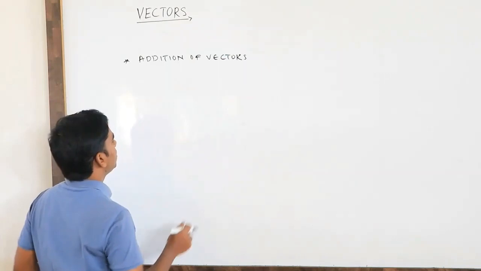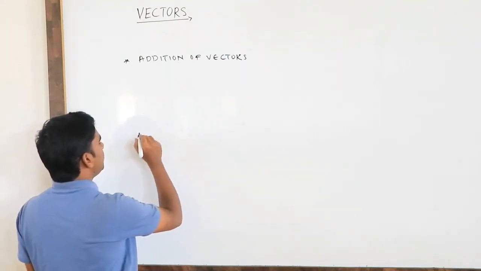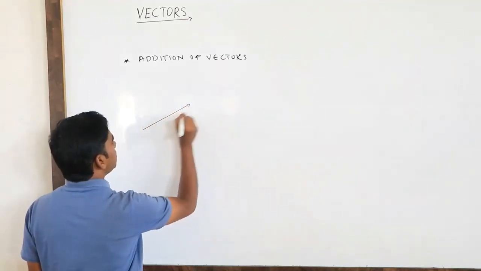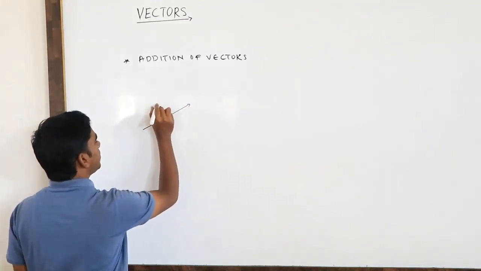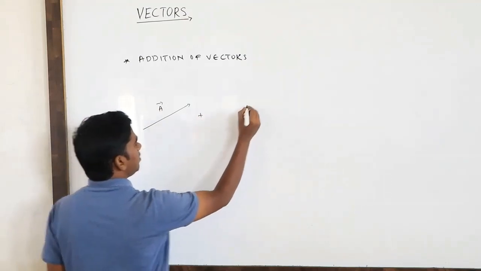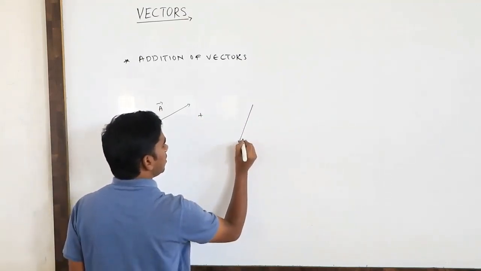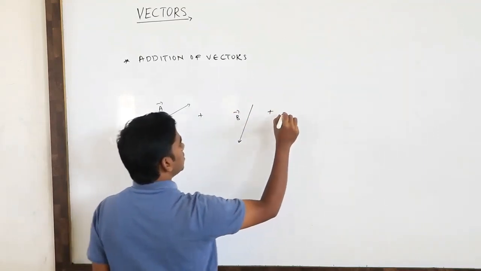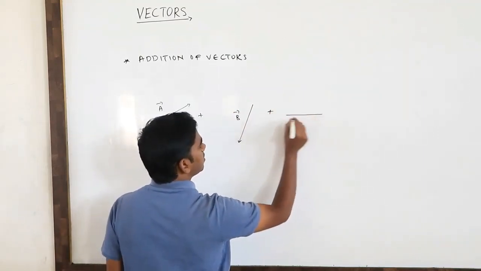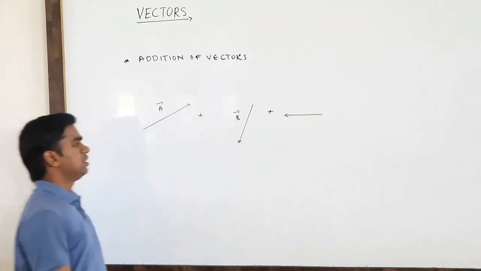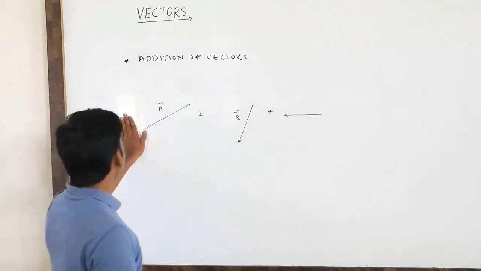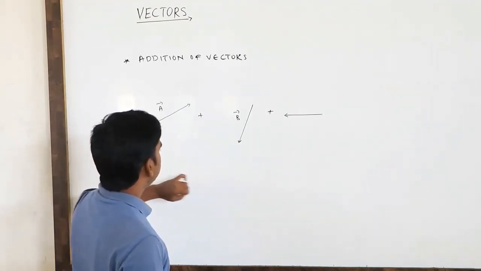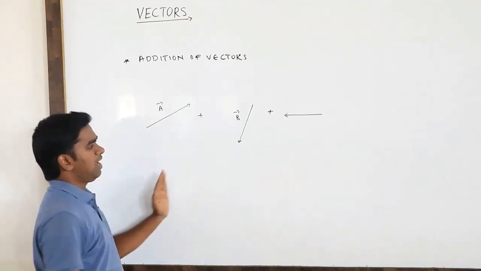For that, I will take one vector over here, say vector A, and another vector in this direction, so this is vector B. I will take one more vector in this direction, vector C. Look at their magnitudes also; the magnitudes may not be the same.